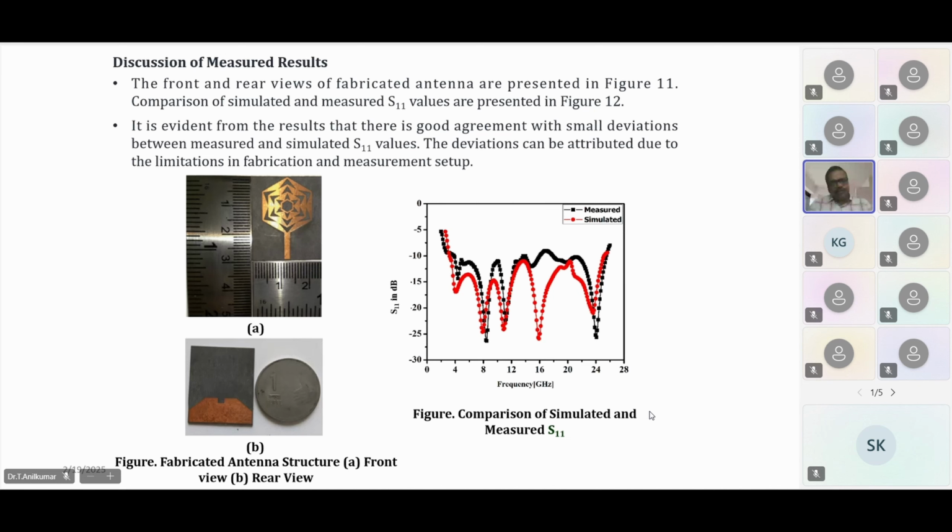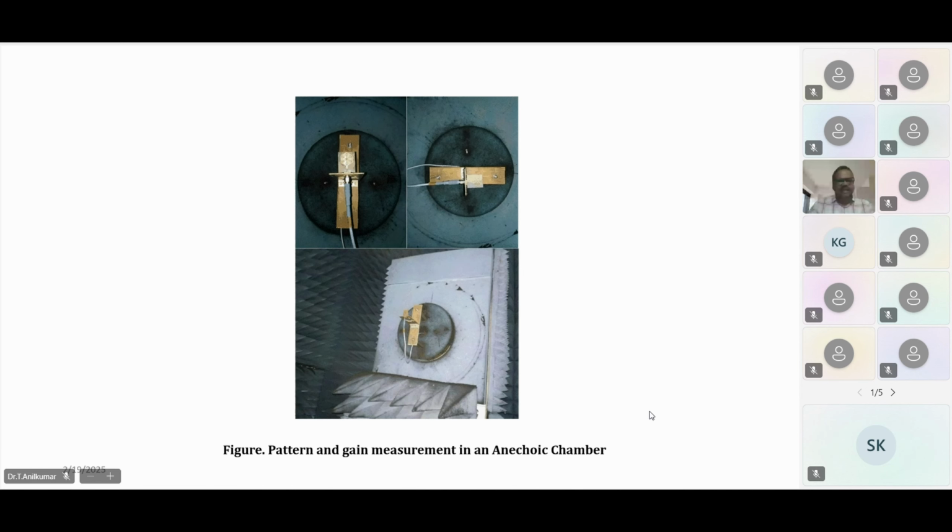Iteration 1 is radiating at lower frequency, but if you keep going through iteration 2, iteration 3 towards the final design, the total bandwidth is enhanced. So that figure I have not kept, I think. Let us see. Next. This antenna is also tested in the anechoic chamber in the DLRL laboratory.